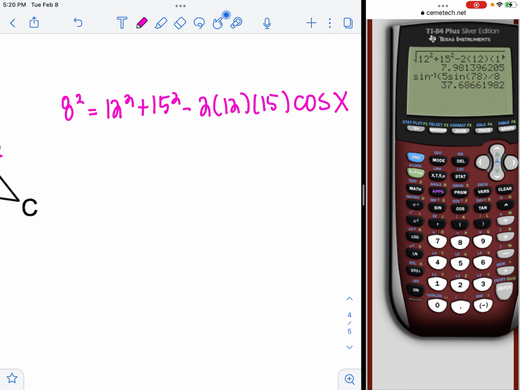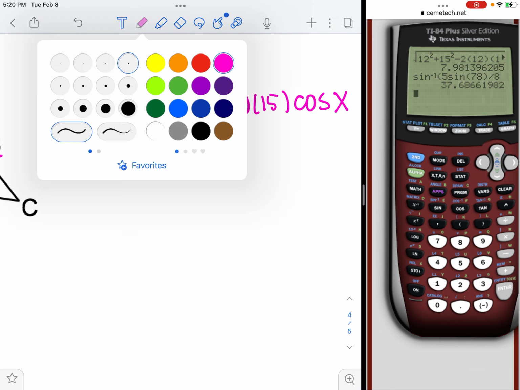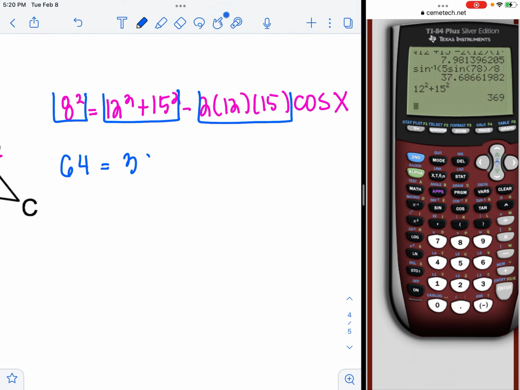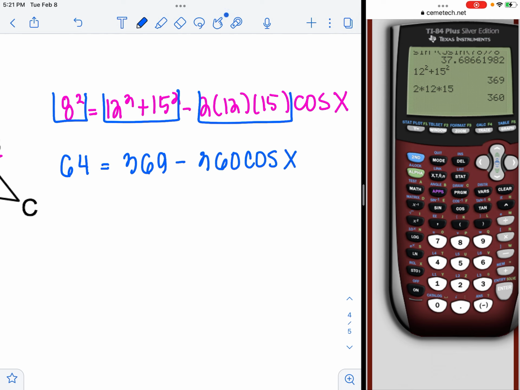All right, notice that x is stuck on that right-hand side. This is law of cosines. I need to do buckets to get that x by itself. So 3 buckets. 8 squared is 64. 12 squared plus 15 squared is 369, minus 2 times 12 times 15, which is 360, cosine of x.